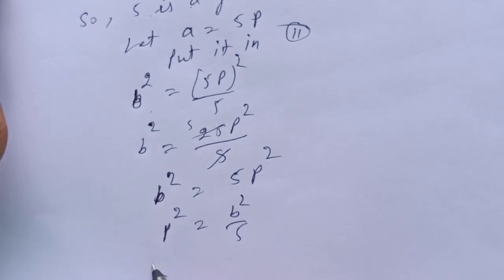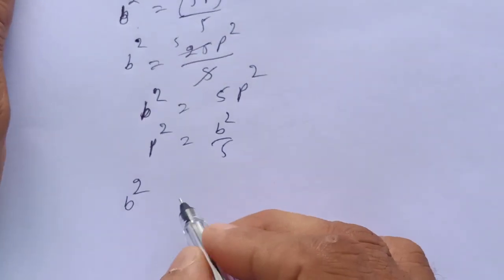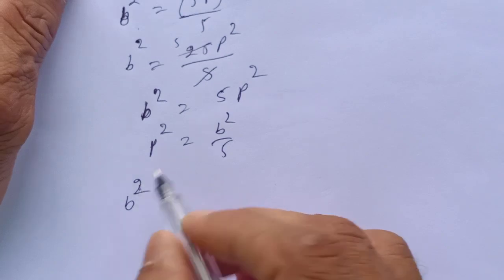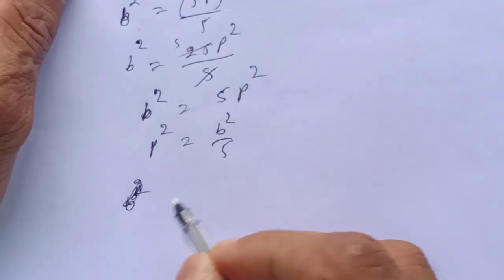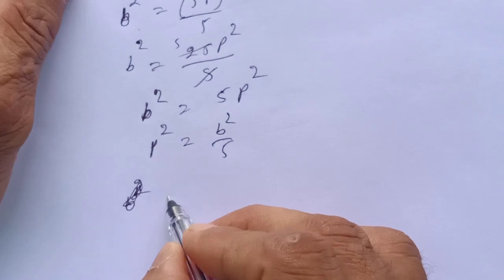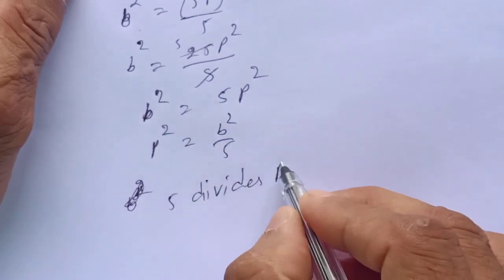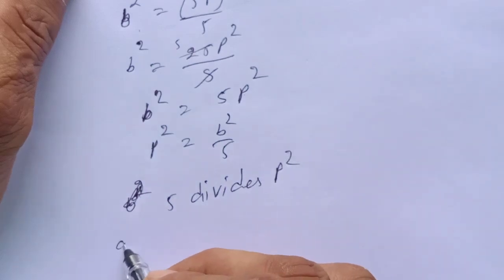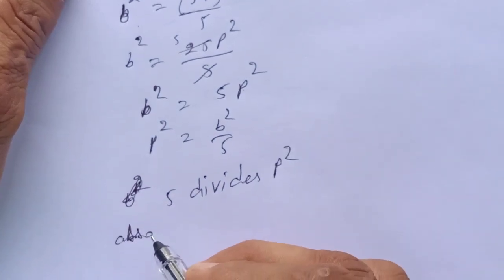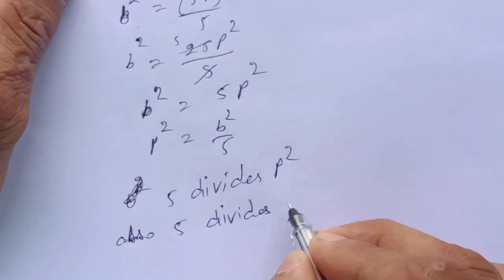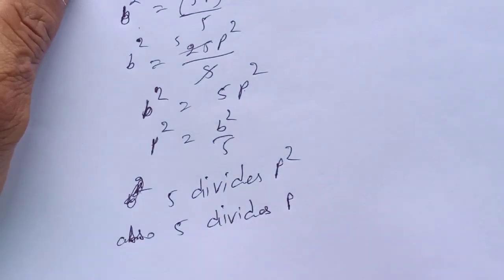Here b square is divisible by 5, or 5 divides b square. Also 5 divides b.